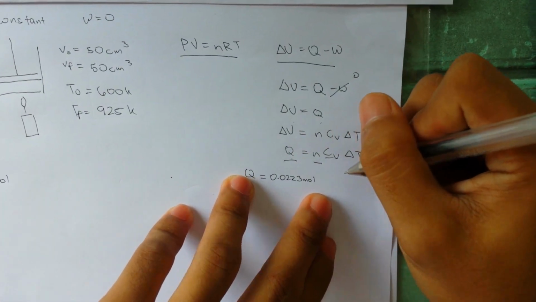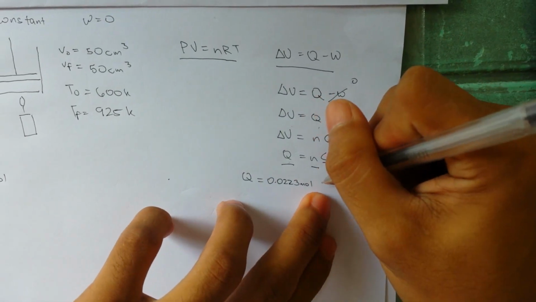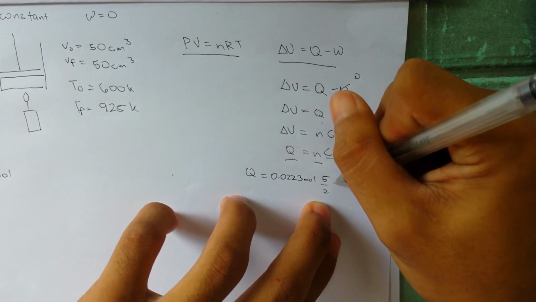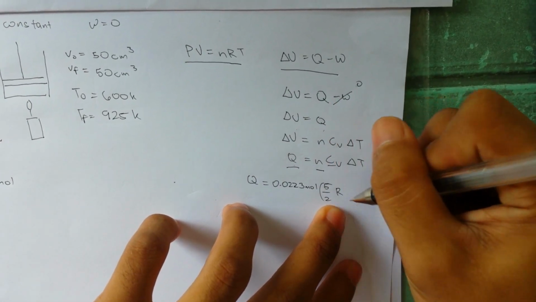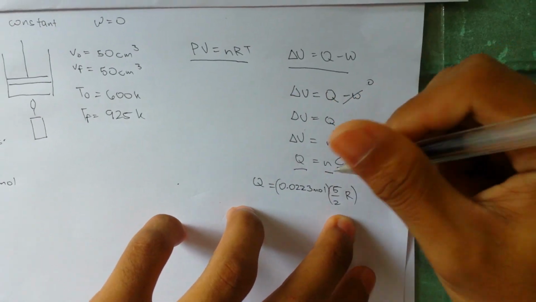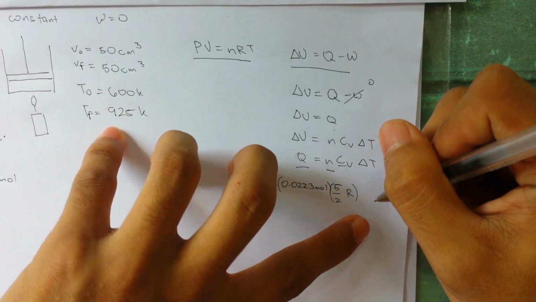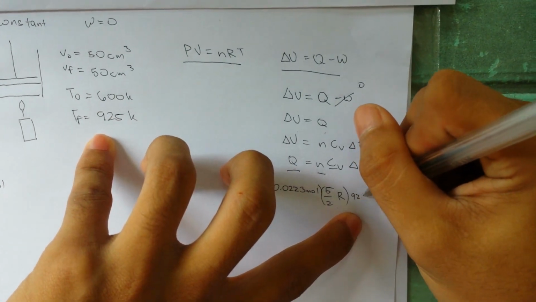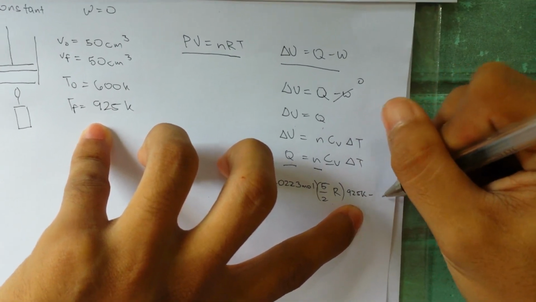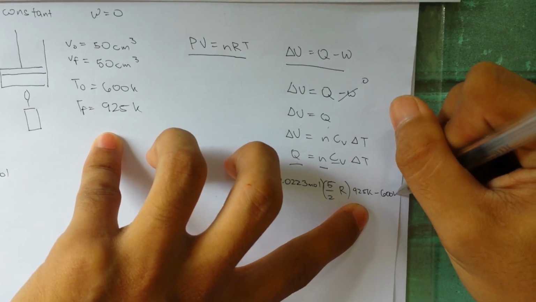Specific heat of the air is equal to 5/2 R multiplied by the change in temperature, final minus initial, 925 Kelvin minus 600 Kelvin.